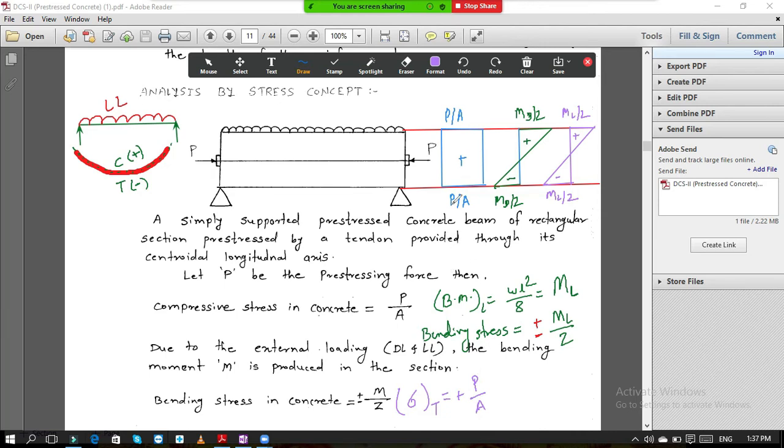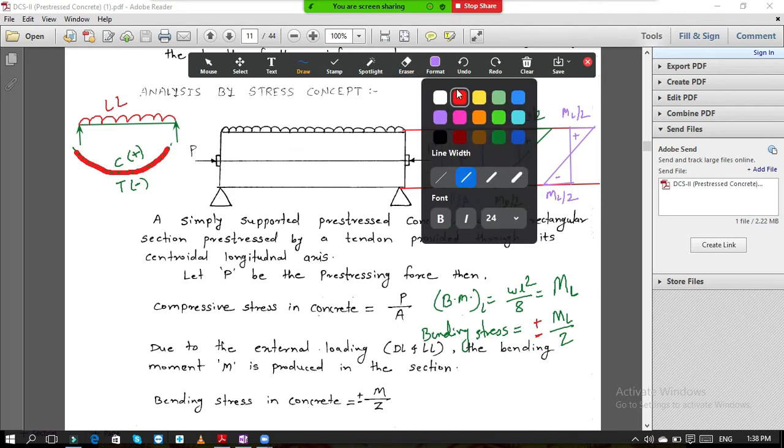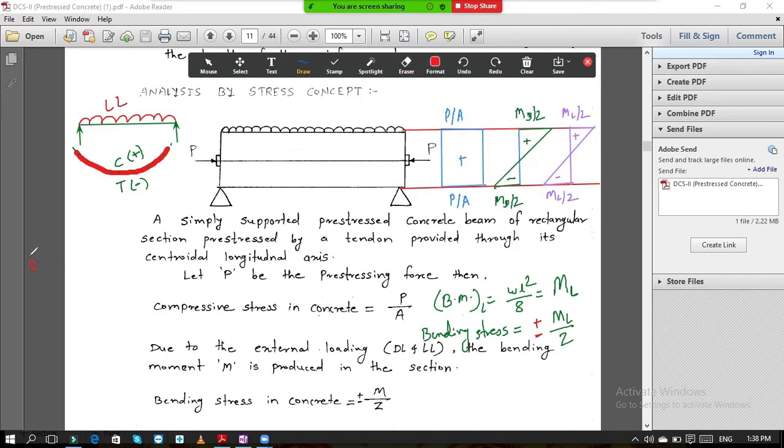I will show you over here where the space is more. See here, sigma T. So it is P by A. So this is our direct stress. P by A, it is always plus.